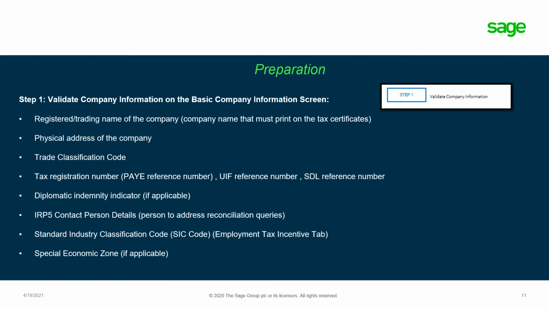This will also include the pay-as-you-earn reference number, UIF reference number, and the SDL reference number. Diplomatic indemnity indicator if applicable, IRP5 contact person details, the person to address reconciliation queries to, standard industry classification code, known to us as the SIC code, that's available on the Employment Tax Incentive tab, special economic zone if applicable.